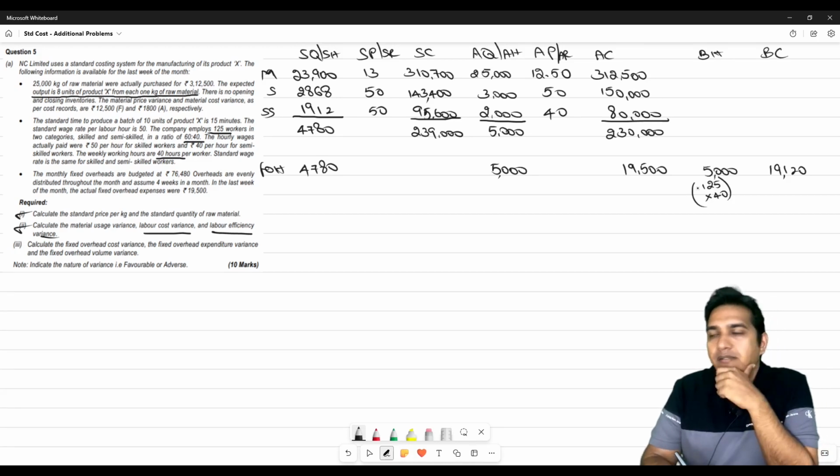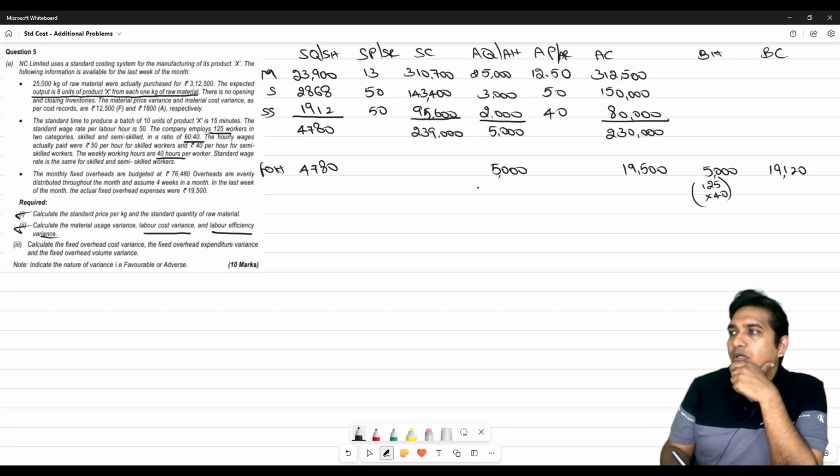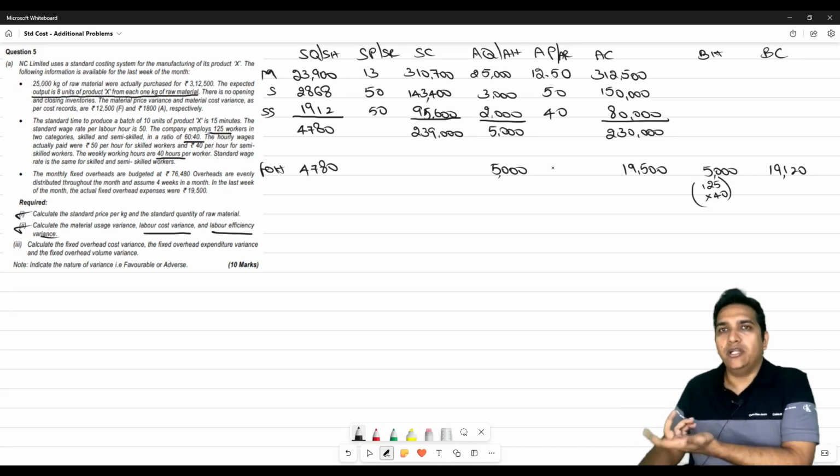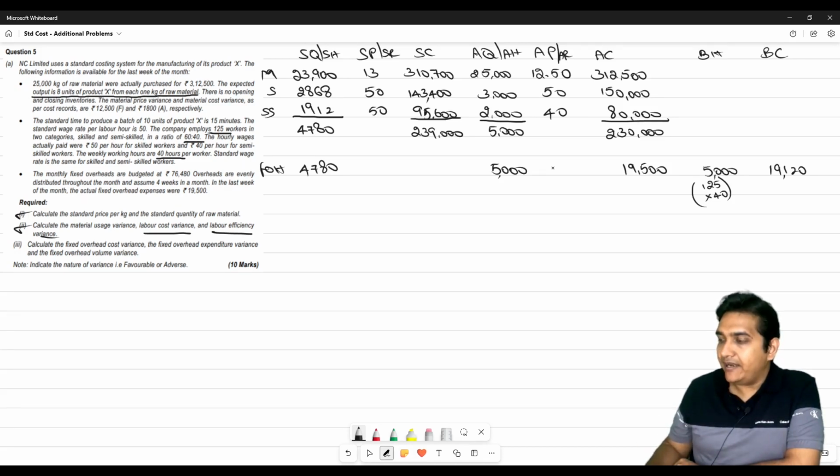We get 5,000, right? Now we have our actual cost and actual hours. We can calculate if required the actual rate also. 19,500 divided by 5,000, we get 3.90.